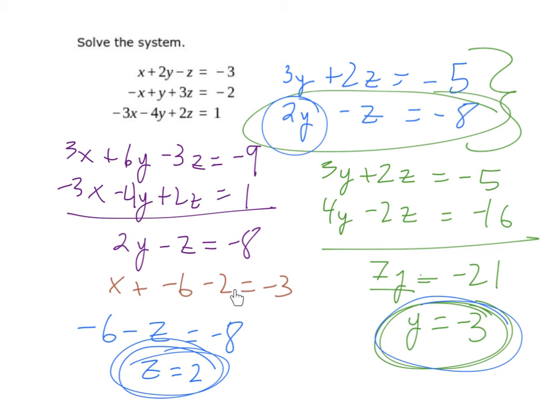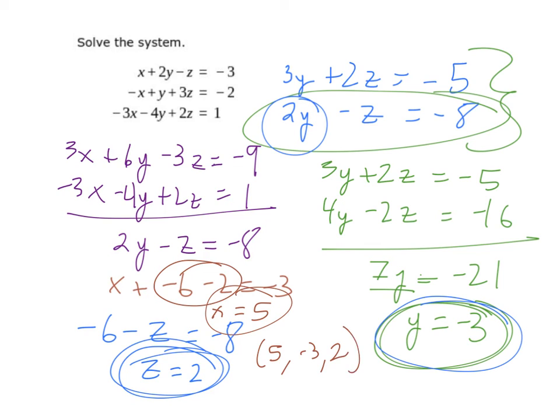We're just going to solve this equation and figure out that x is going to equal, these combine to make negative 8, add 8 to both sides gives me 5, and the ordered pair is 5, negative 3, 2. Or maybe your teacher has you write down the x and y and z value, but in the event that they don't, you should put it in alphabetical order.